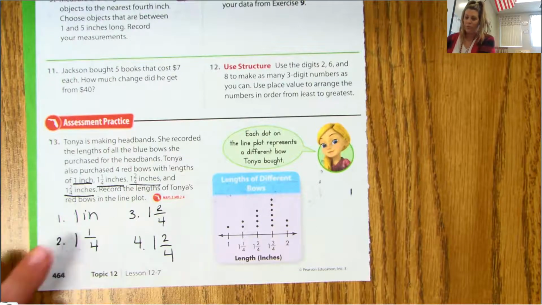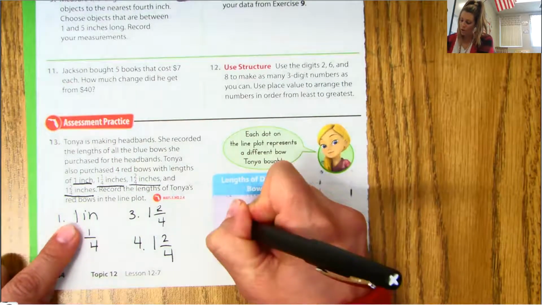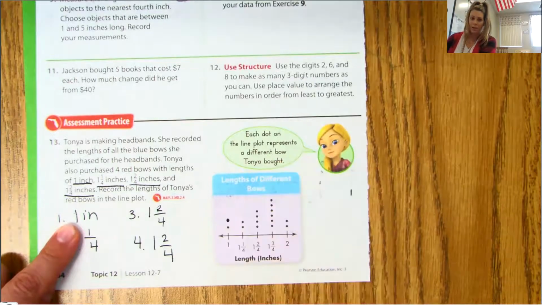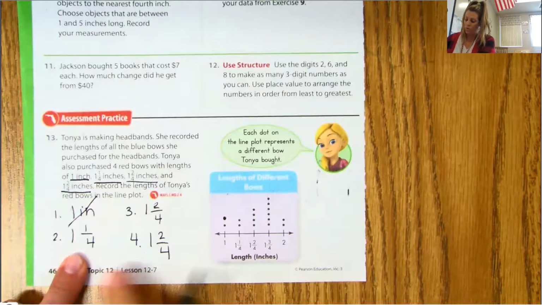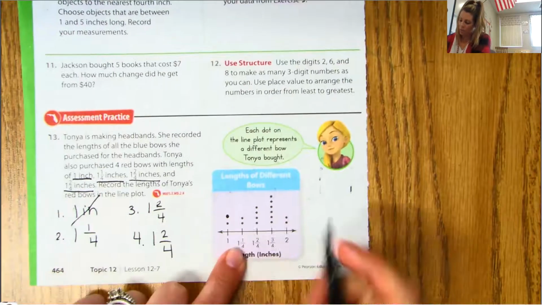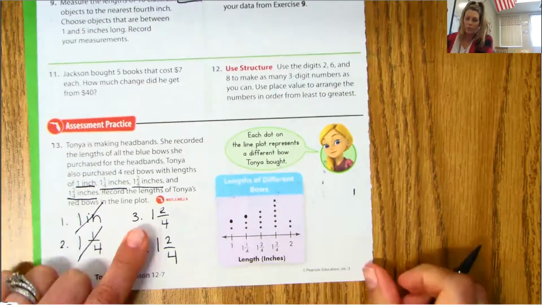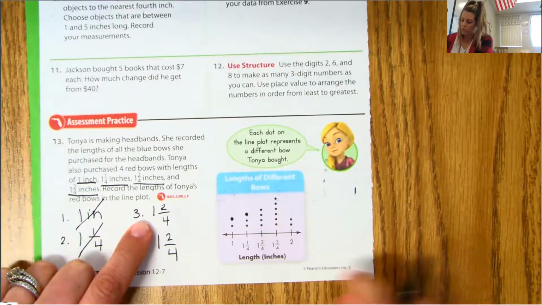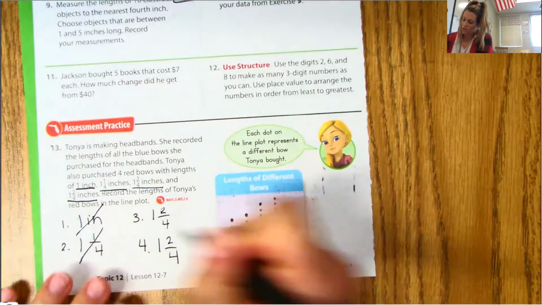All right, so our first one is 1 inch. So we're going to add 1 more data point, right? And cross it off. Our second one is 1 1/4. We're going to add 1 more data point and cross it off. Our third one is 1 2/4. We're going to find that, add our data point, cross it off.